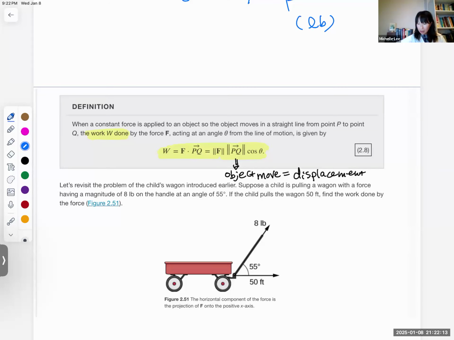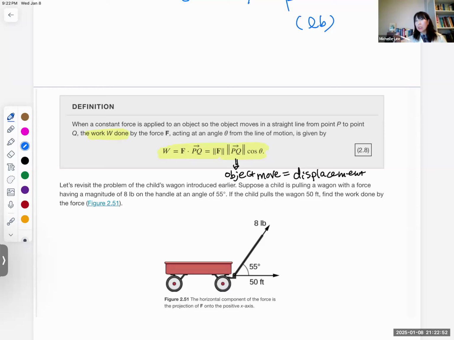PQ is the displacement, how far the object moves. And this is the question at the bottom: suppose a child is pulling a wagon with a force having a magnitude of 8 pounds on the handle at an angle of 55 degrees. If the child pulls the wagon 50 feet, find the work done by the force.